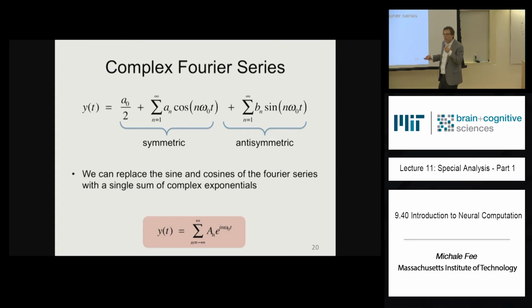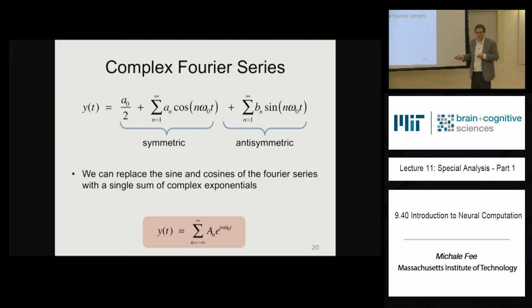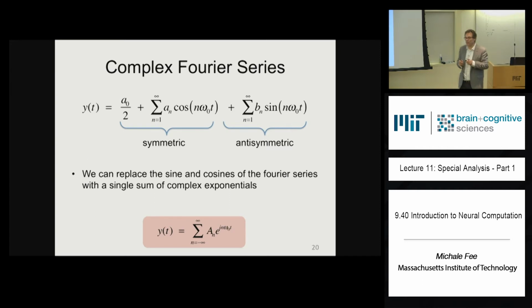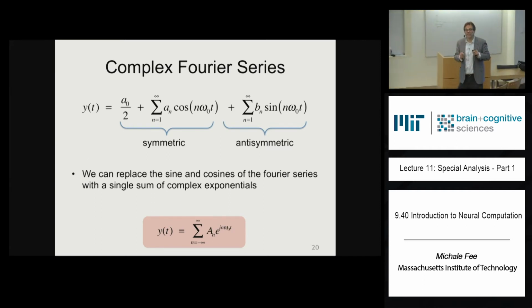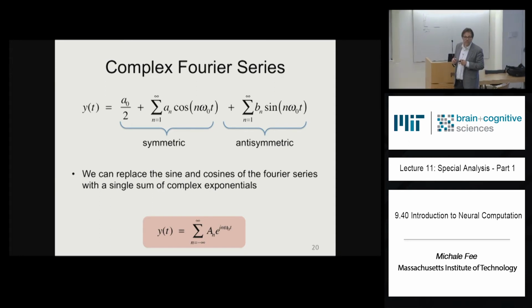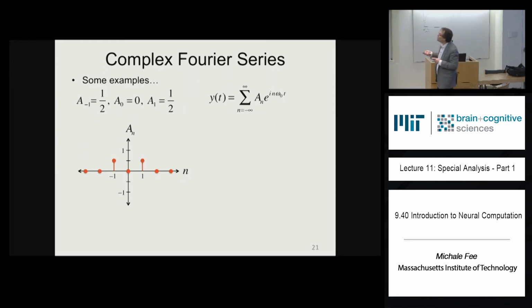And what's cool is that for some functions y, you can describe that function with just a few of these coefficients a. Does that make sense? So let me show you an example of some functions that look really simple when you rewrite them using these coefficients a.